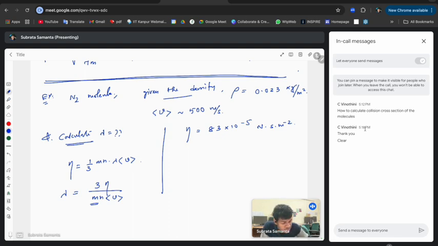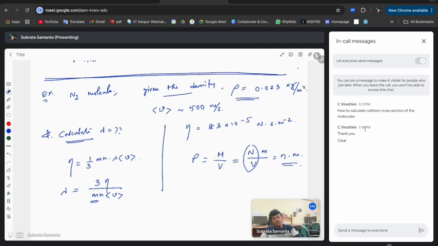But the density is given, right? So what is the density? It's M by V, the total mass over volume. Capital M is basically n times small m, so capital M over V is basically small n times m. So this is basically your density.